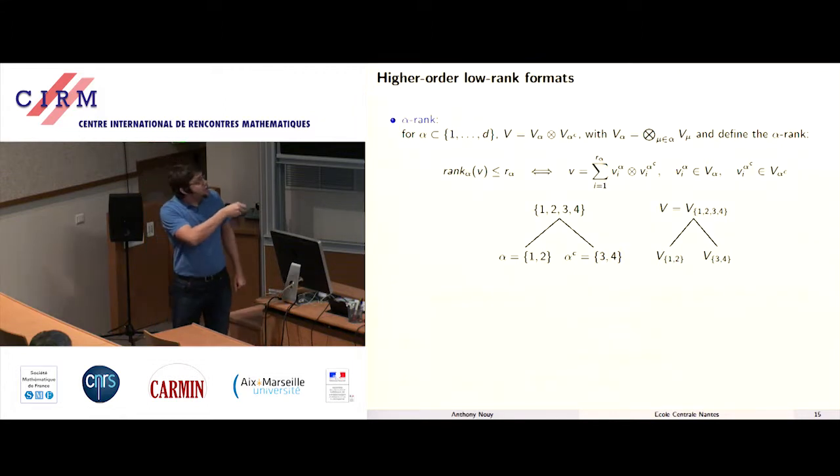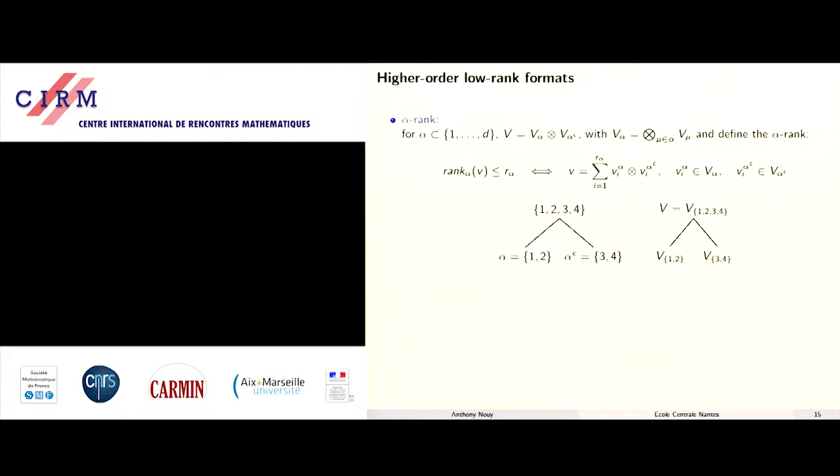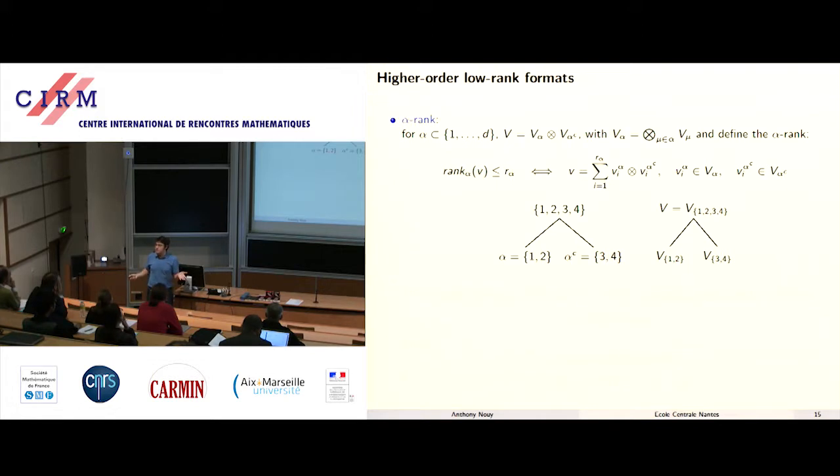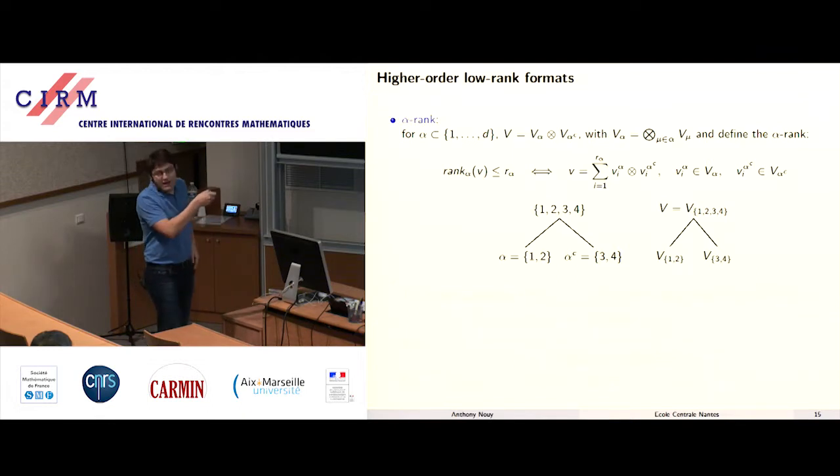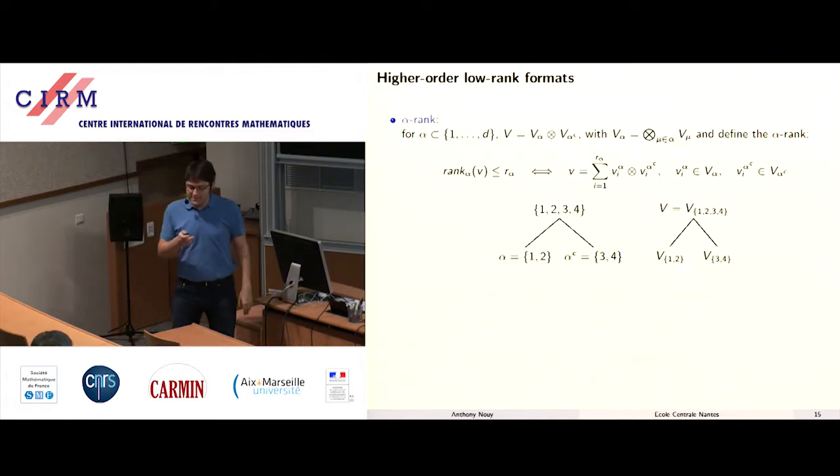So here you look at your tensor as a two-order tensor, and you have a unique notion of rank. The rank alpha will be bounded by R alpha if V can be written as a sum of R alpha elementary tensor products, with functions of the variables x alpha, x1, x2, and the other functions here are functions of x3, x4. So here you have the notion of alpha rank associated to a subset of dimensions.